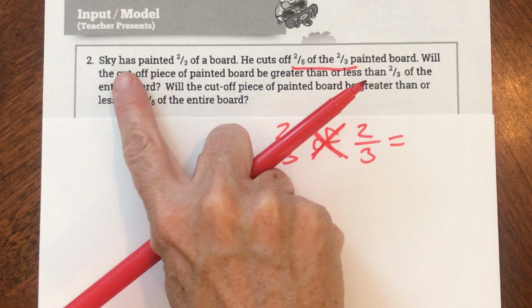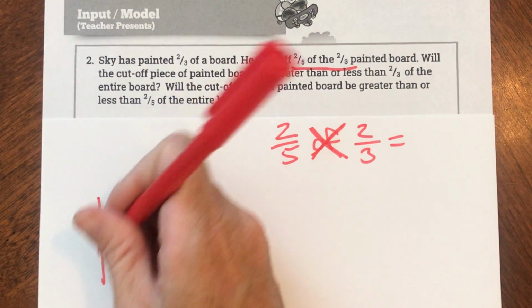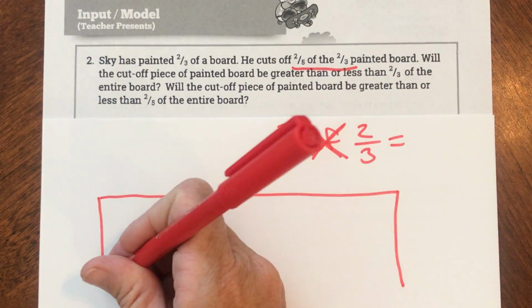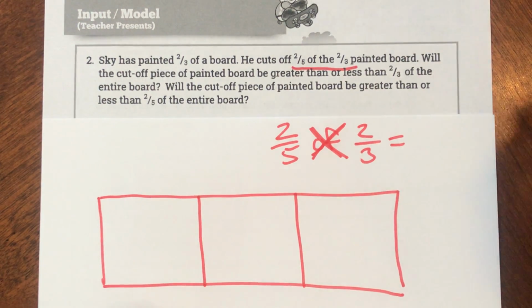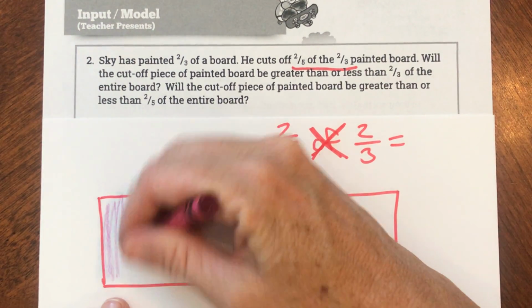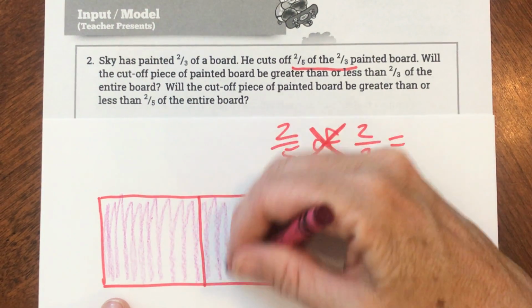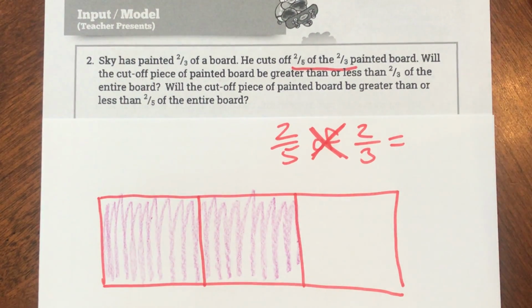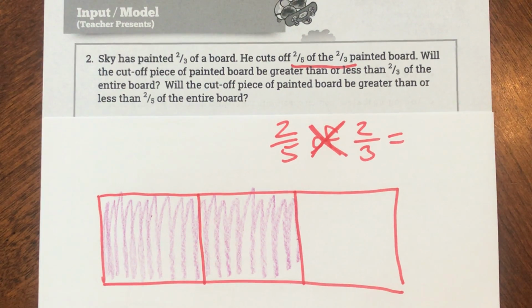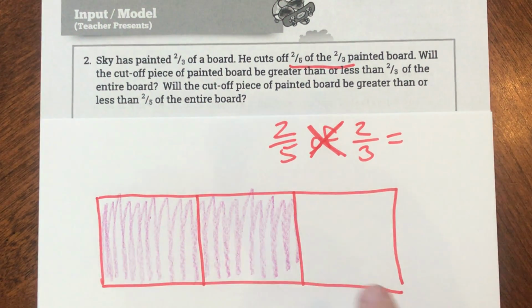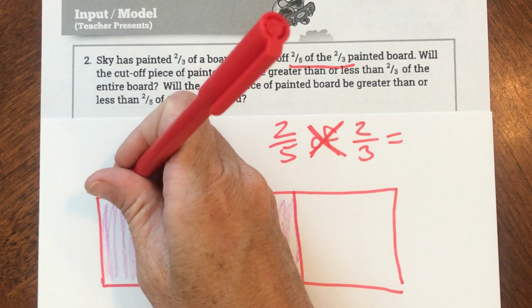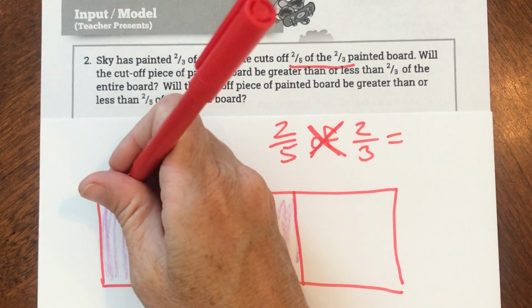Okay, so let's try and draw this. He has painted 2/3 of a board. So here's my board. And the 3 means let's divide it into thirds, and he painted 2/3 of it. Okay, then it says he cuts off 2/5 of the 2/3. So each one of these I have to divide into fifths to cut them off, because I can't do it as a whole.